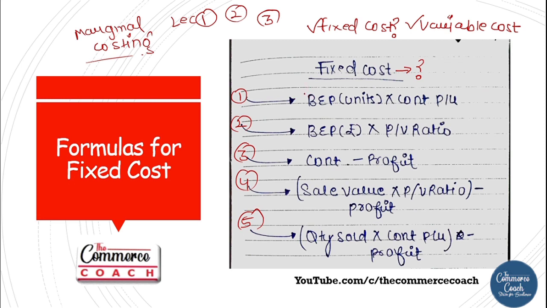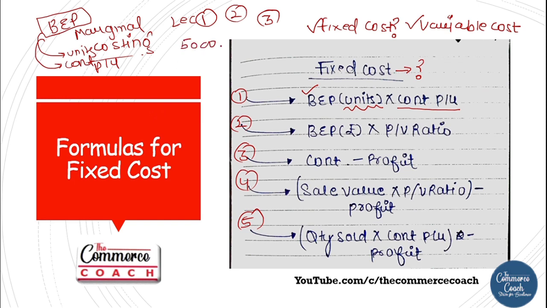The very first formula is BEP in units multiplied by contribution per unit. As you are all aware of the term BEP, if you have BEP in units and contribution per unit, you can easily multiply these two and find out the amount of fixed cost.